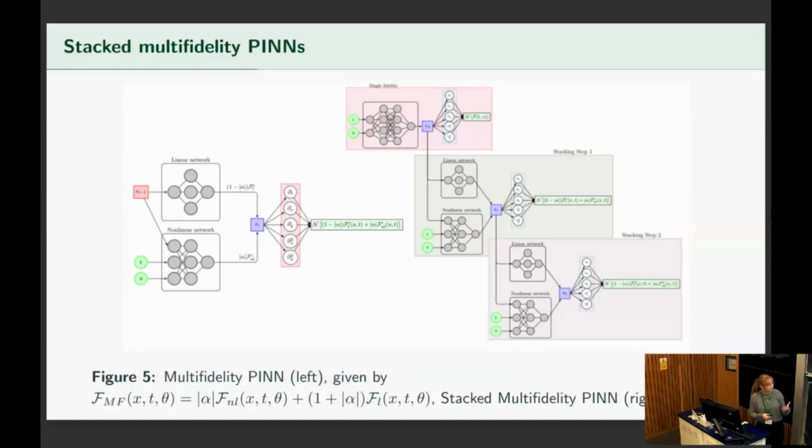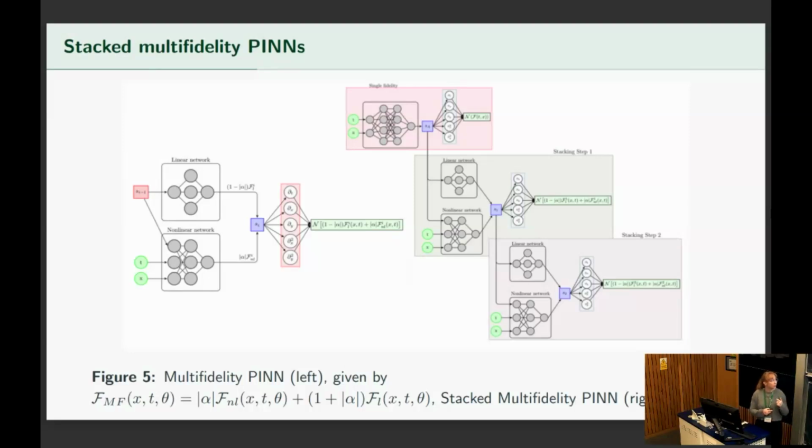It looks like there's a lot going on, but this is just trying to communicate the architecture that we introduce in this paper. On the left here, this is a model for a multi-fidelity neural network. It is inspired by the case where you would use data.